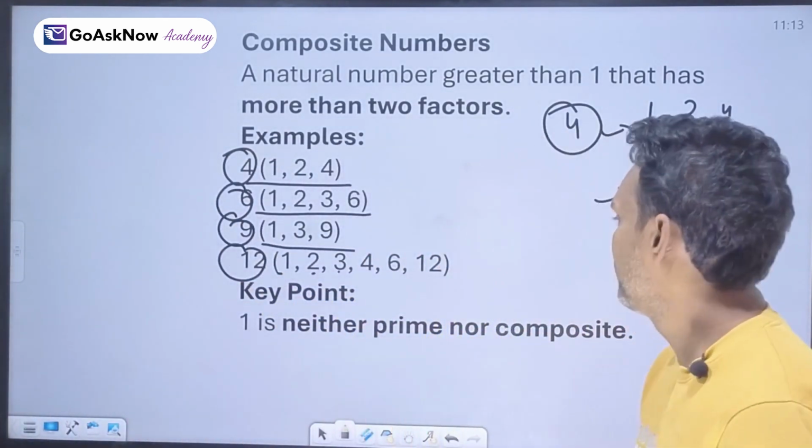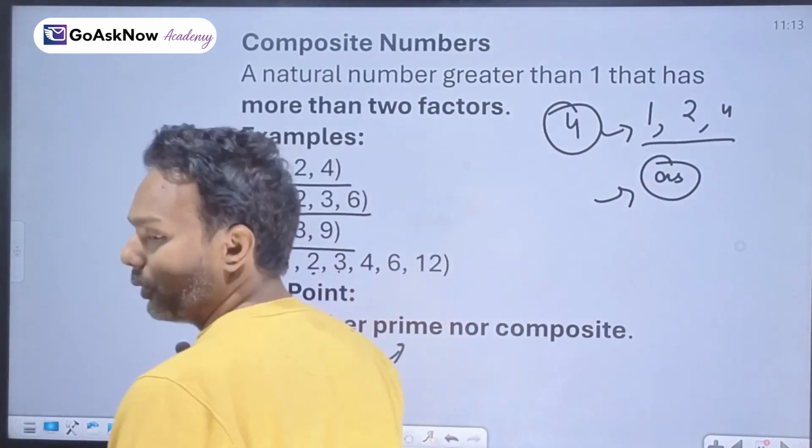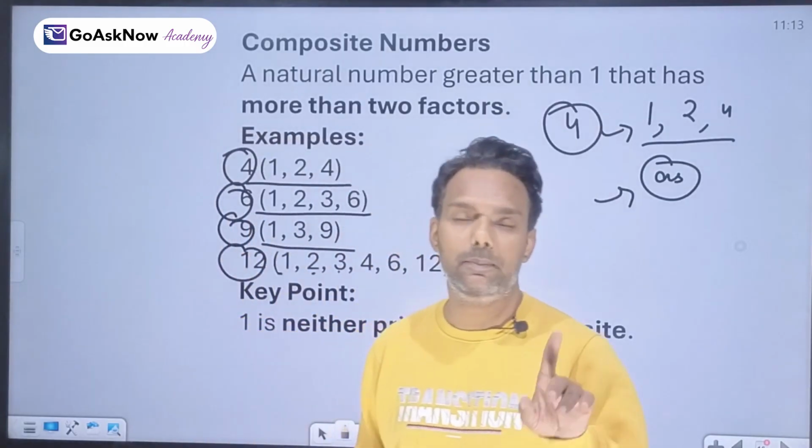Okay. 1 is neither prime nor composite and 2 is the only even prime number.